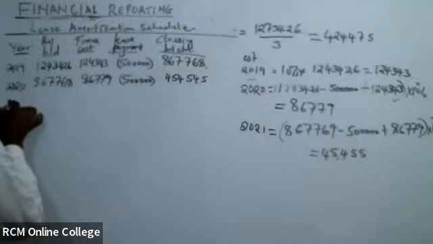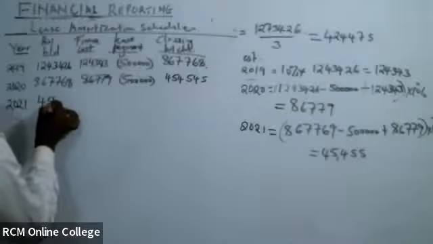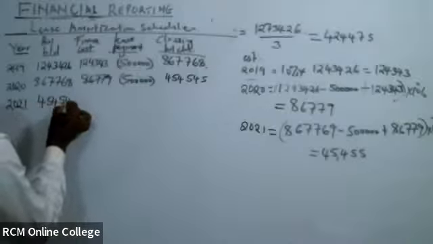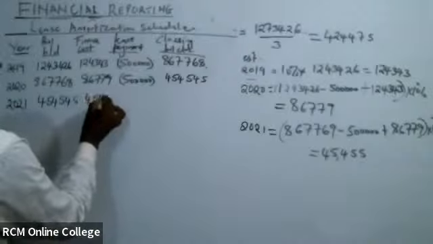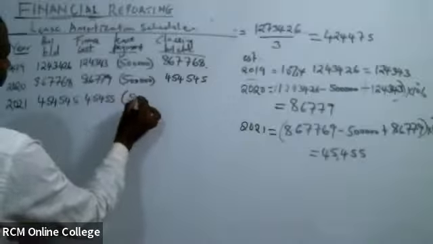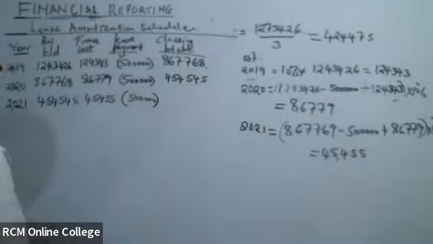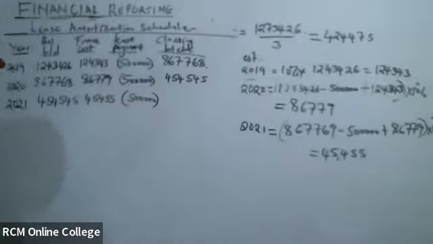So that one is the one that was transferred. 454,545, its interest is 45,455, and we are lessing 500,000. How much shall we have?